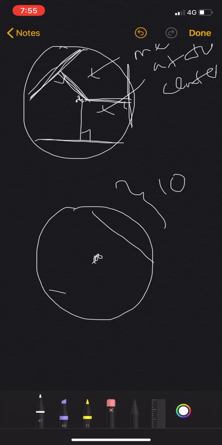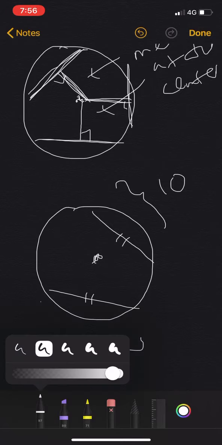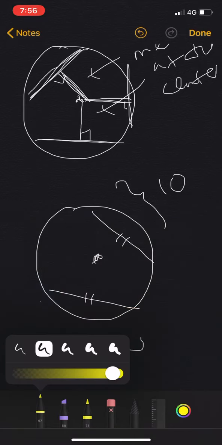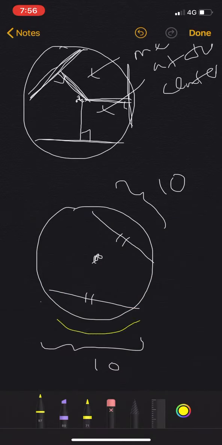And then you have another one here with the same length, 10. So what happened to the arc? Where is the arc? This one, let me change the color. This is the arc.